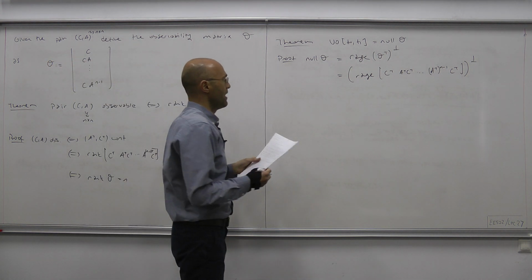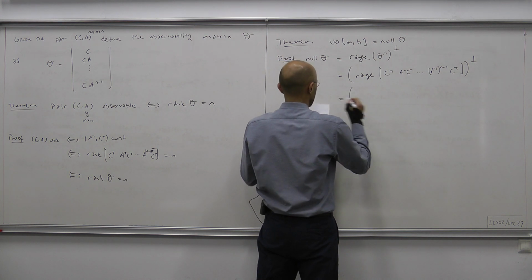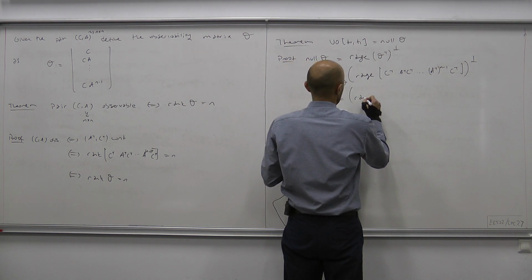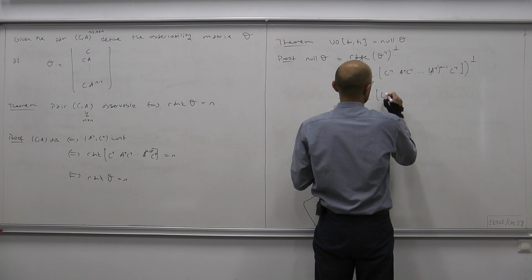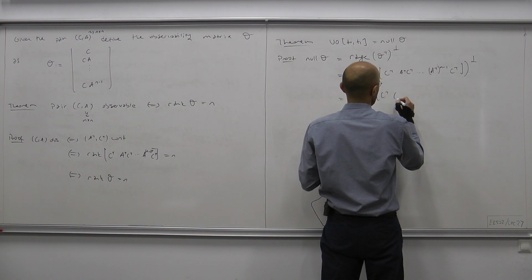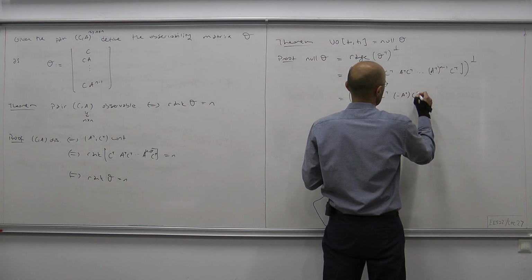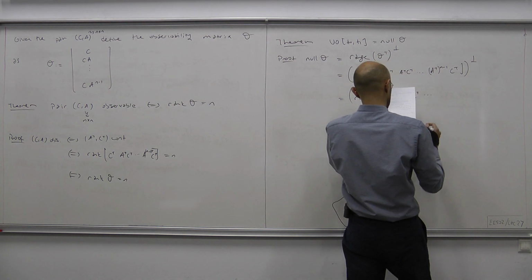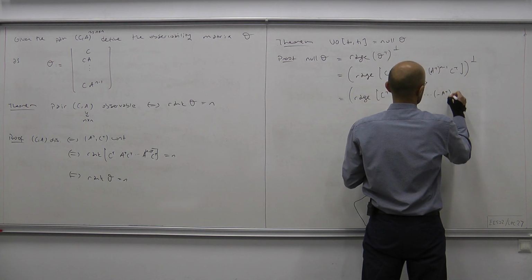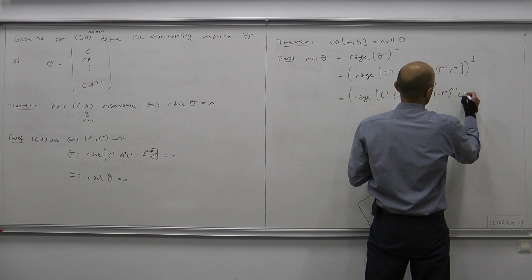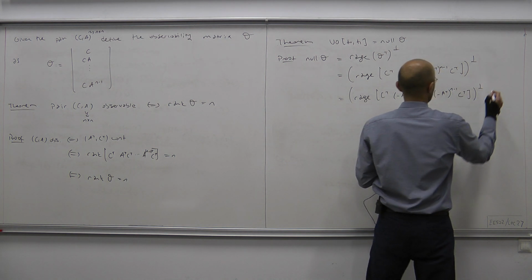And then this clearly equals the orthogonal complement of the range space of C transpose, minus A transpose C transpose, and so on, up to (minus A transpose) to the n minus 1 times C transpose.